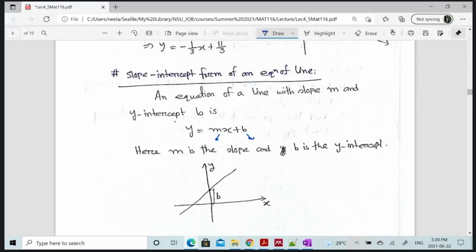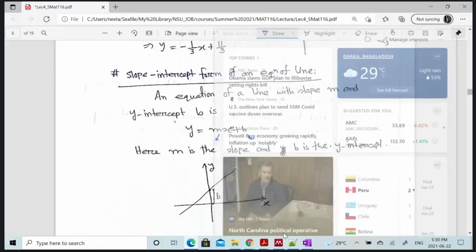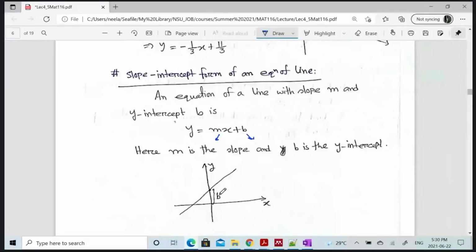So whenever we draw any graph, we have the slope, either positive or negative, and also we have the intercept there. So here this b is called y-intercept. You might see in different textbooks, it's written as y equal to mx plus c. So it doesn't matter, either it's b or c, it's just a real number.